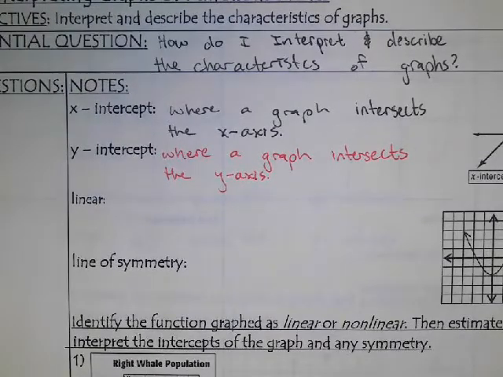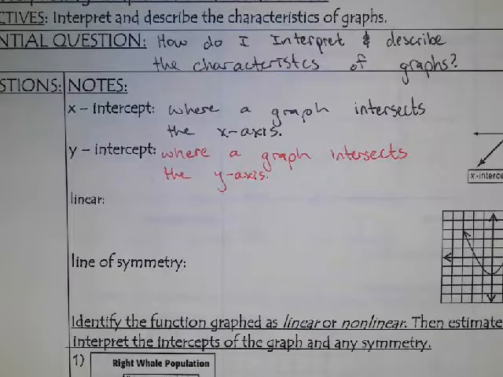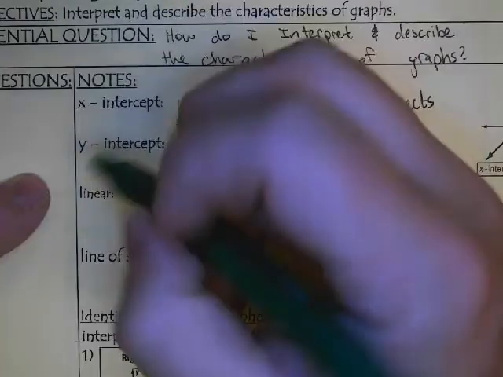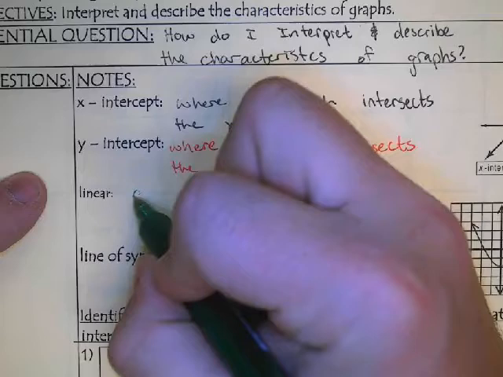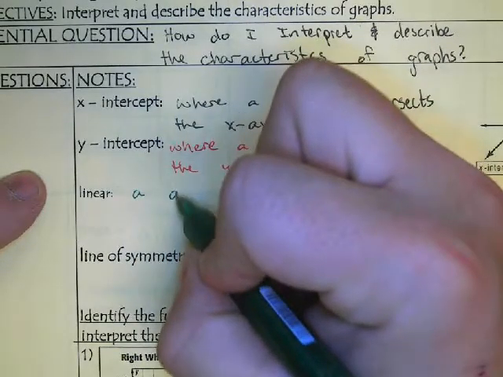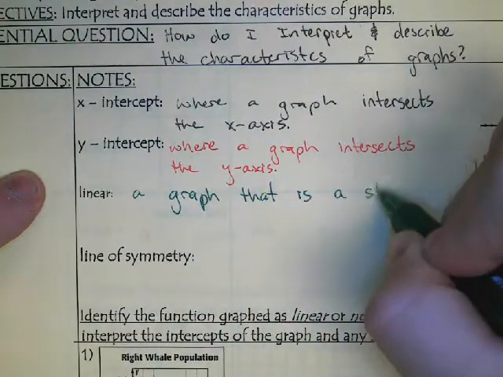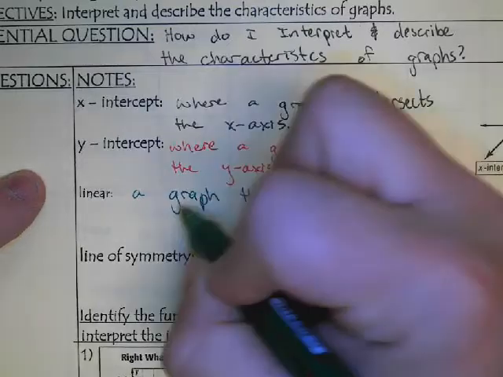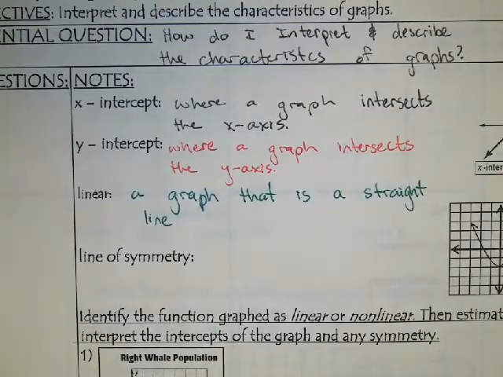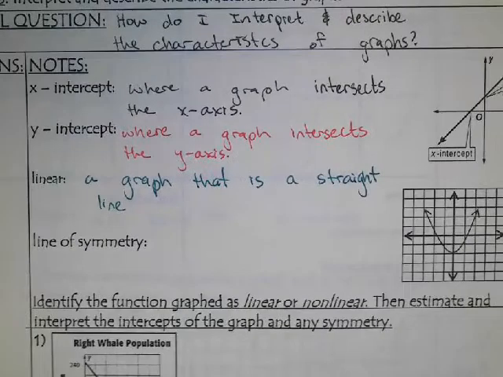Linear is just referring to what kind of graph we have. Does it have some kind of curve to it, or is it just a straight line? Well, if it's just a straight line, it's linear. So linear is a graph that is a straight line. And then we have a line of symmetry, and all that does is it cuts a graph into two mirroring halves.